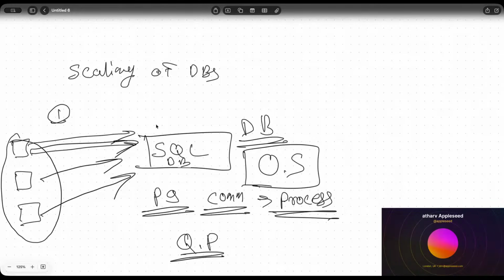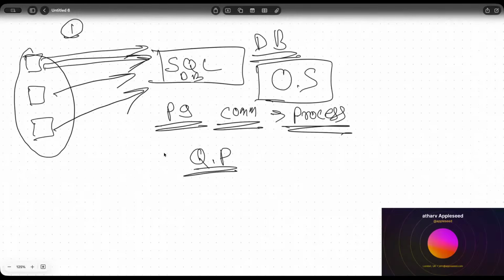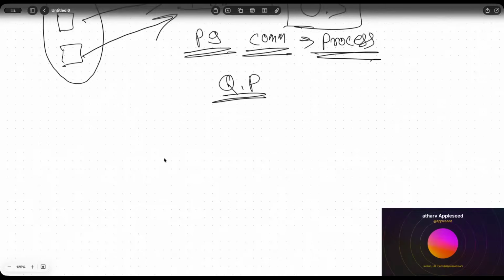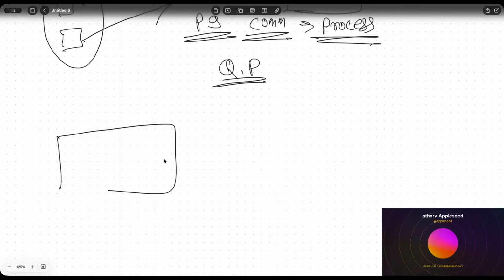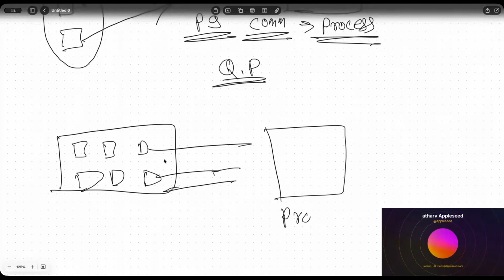So one of the simplest solutions is to add a connection pooler to our system in front of our database. So this is our set of backend instances that want to make queries to our database, but there will lie a single process.